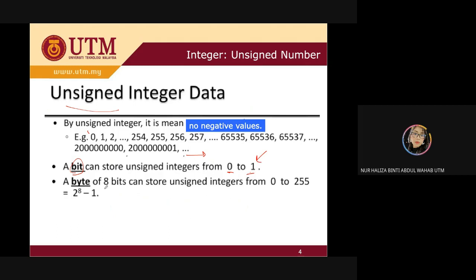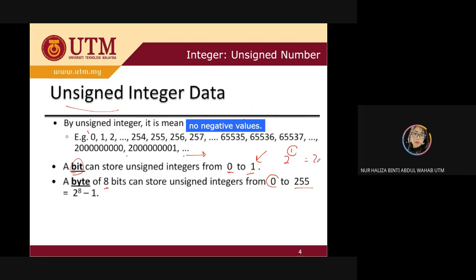A byte of 8 bits can store unsigned integer from 0 to 255. A bit is 2 to the power of 1, which is 2, so you have 0 and 1.